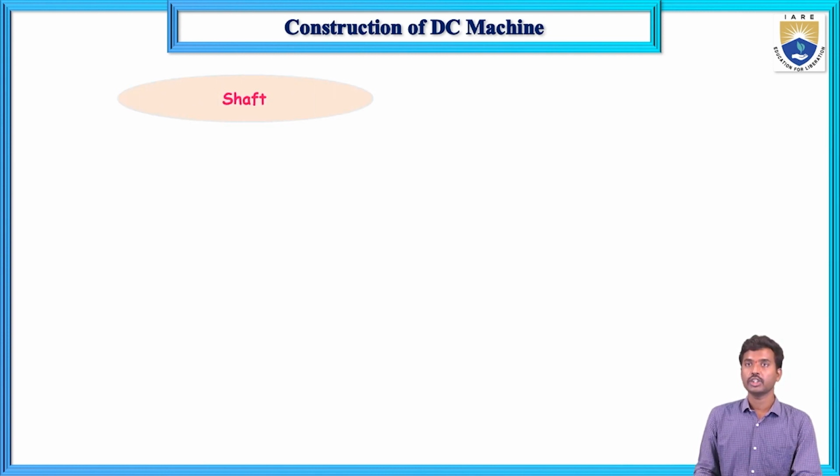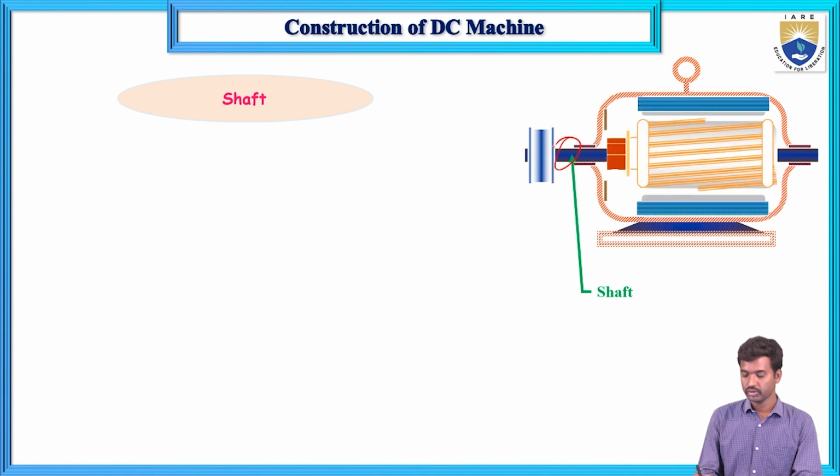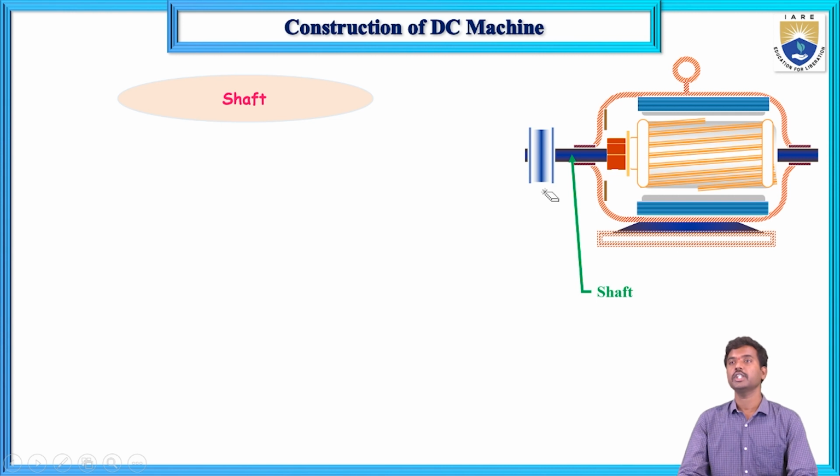Next, the last part is the shaft. This is the shaft. It is a rotating part from which mechanical energy can be collected in the case of a generator, and to which mechanical energy is given in the case of a DC motor.